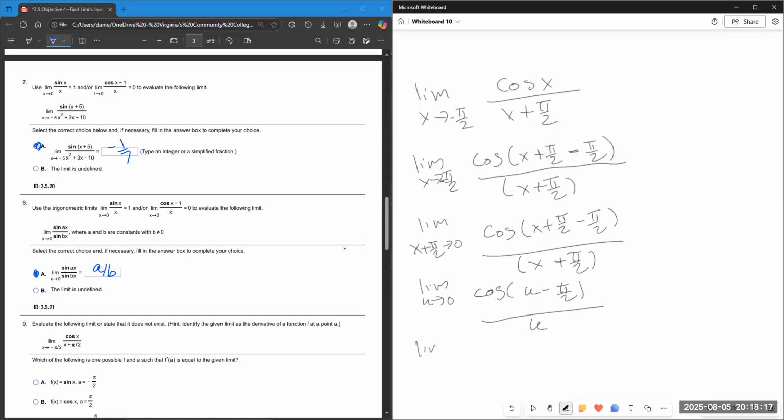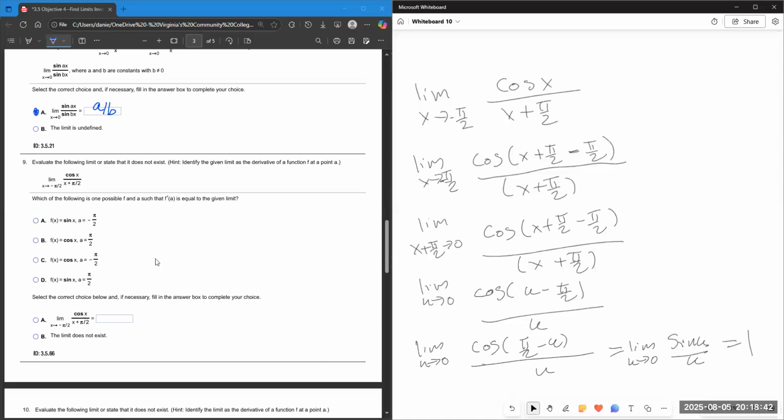So this is the limit as u goes to 0 of cosine of pi over 2 minus u over u. And then using the cofunction identity, this is the same thing as the limit as u goes to 0 of sine u over u, and that's going to, by definition, be 1.